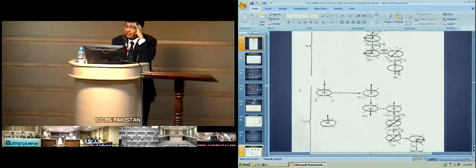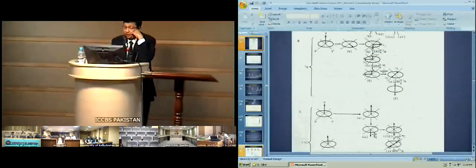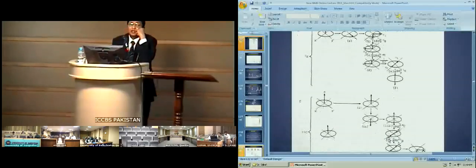This is a 90 Y pulse. This 90 Y pulse will bring this to where? It will bring it to the XY plane, right?